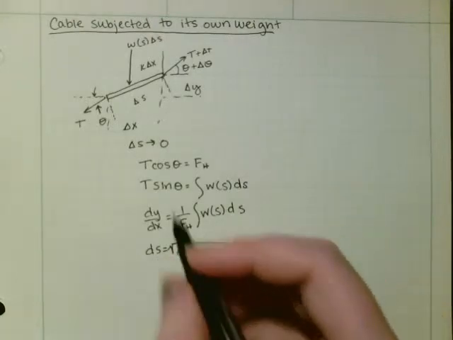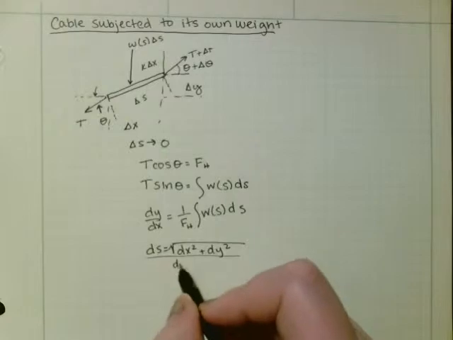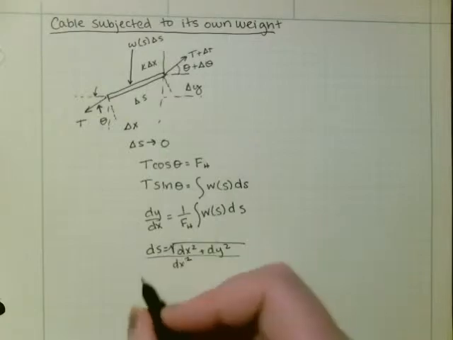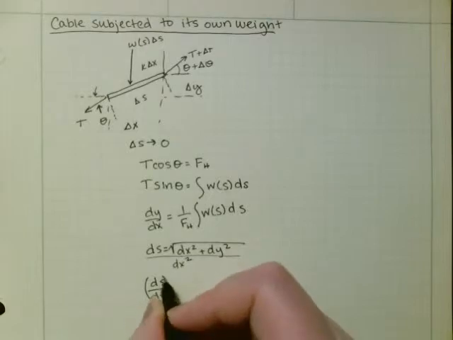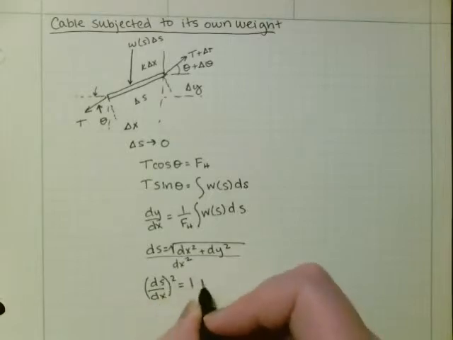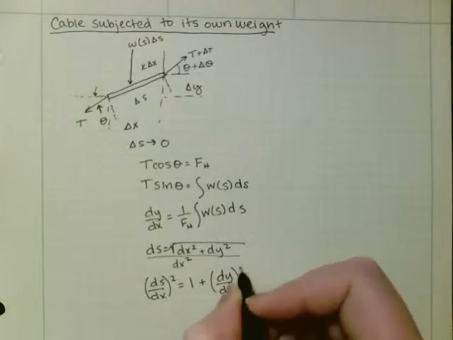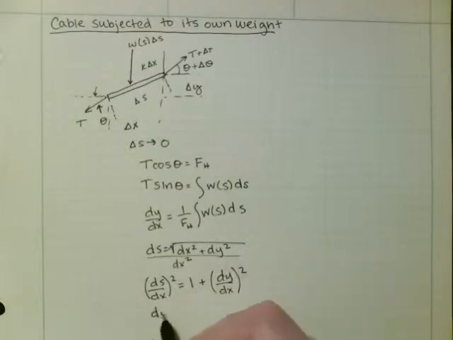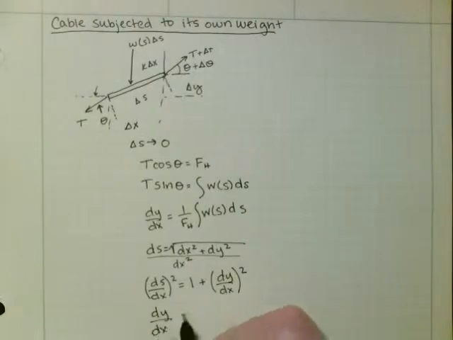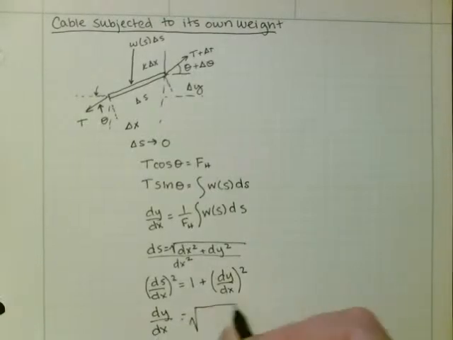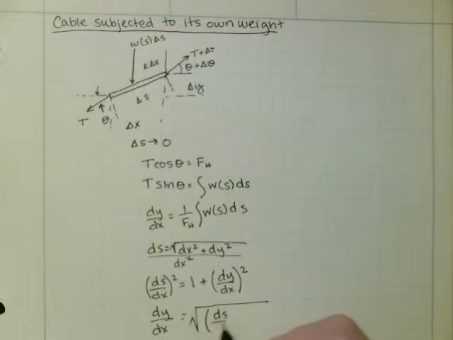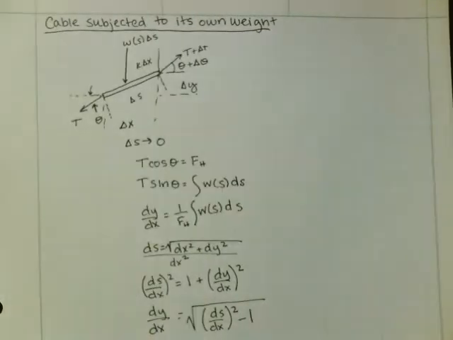If you were to divide by dx squared, you could get (ds/dx) squared equals 1 plus (dy/dx) squared, and then get that dy/dx is equal to the square root of (ds/dx) squared minus 1. So now we have what dy/dx is.